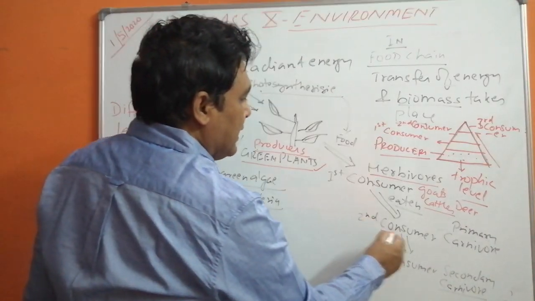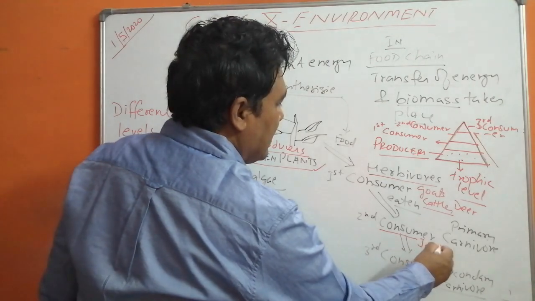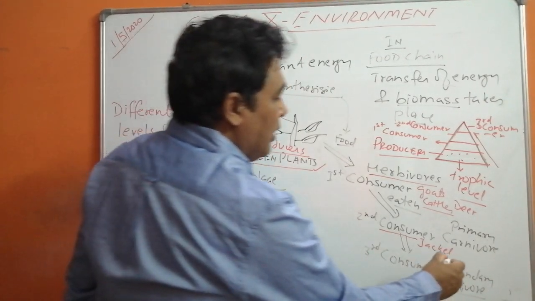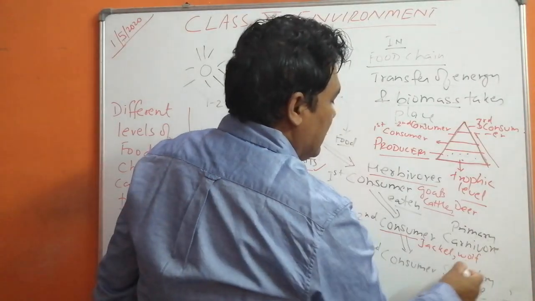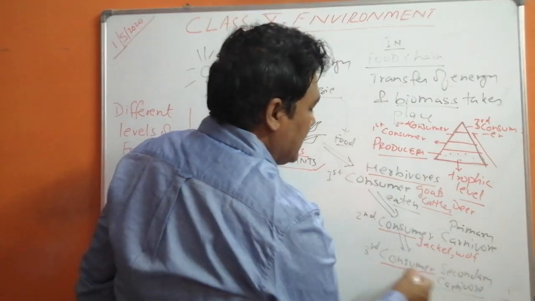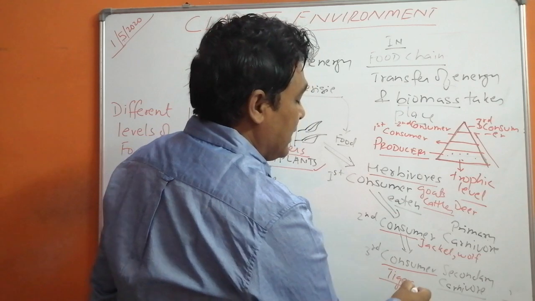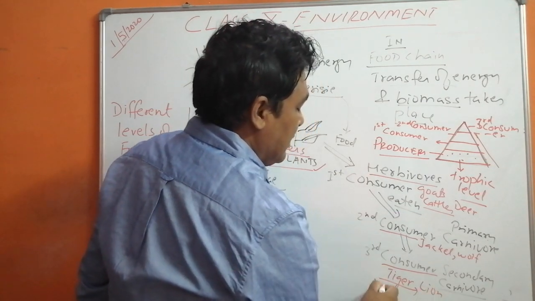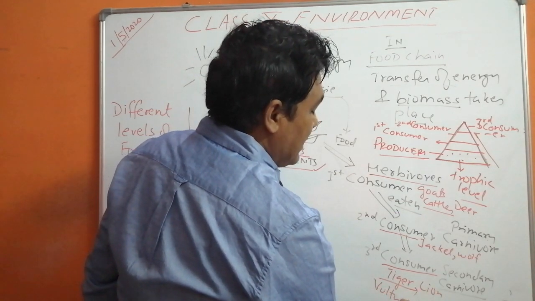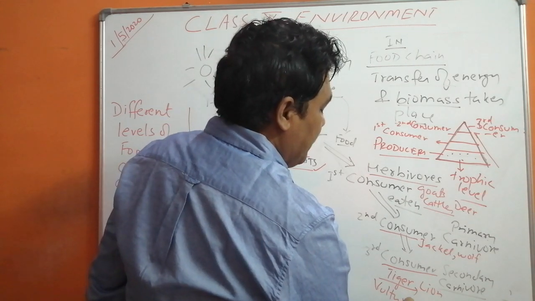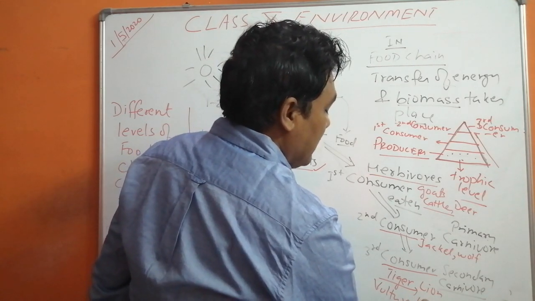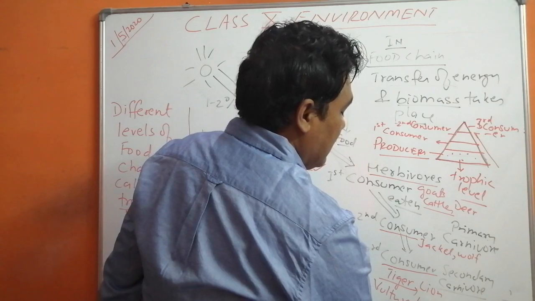Then comes your second consumer where jackal, wolf, and then mostly there are tertiary carnivore, tiger, lion, vulture, hawk can be there.